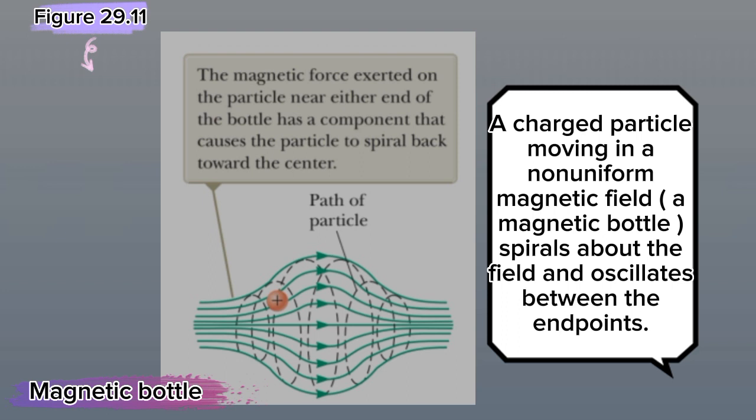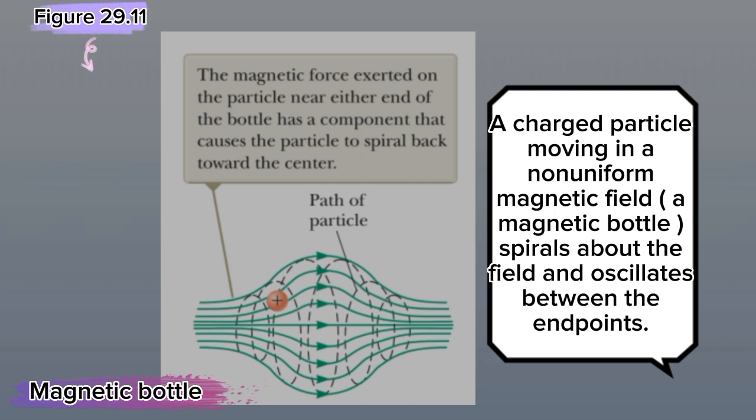So, in this figure, we know the process of positive charged particles moving in a non-uniform magnetic field, or what we call a magnetic bottle, because charged particles can be trapped within it.